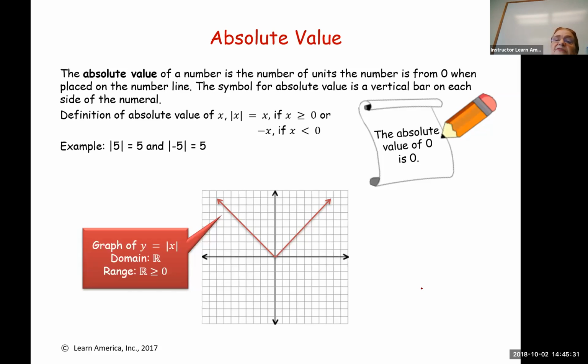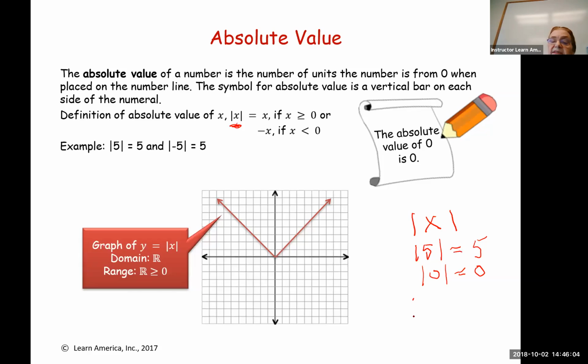The symbol for absolute value is a vertical bar on each side of the numeral. So here, absolute value of x is written this way, x with vertical bars around it. If x starts out as a positive number, then the absolute value of x, or the distance it is away from 0, is just the same as the number you started with. So for instance, if we say absolute value of 5, it's just going to be 5. And similarly, if we deal with the absolute value of 0, it's just going to be 0, because it's just the same as what we started with.